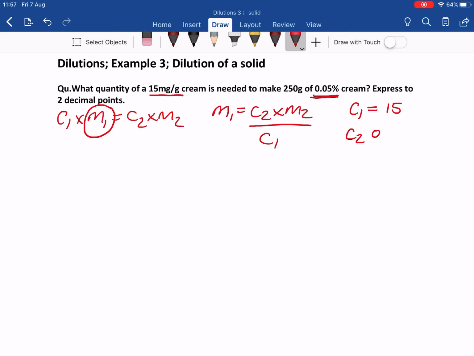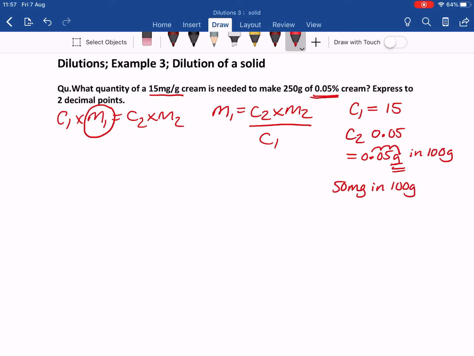So 0.05% means that there are 0.05 grams in 100 grams. We need to convert that to milligrams. So 0.05 grams is equal to 50 milligrams in 100 grams.